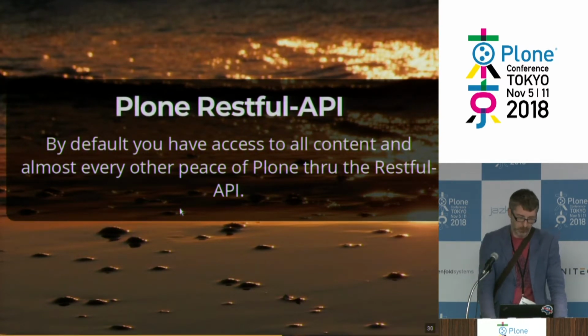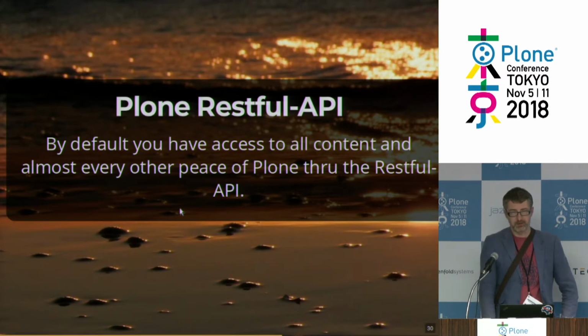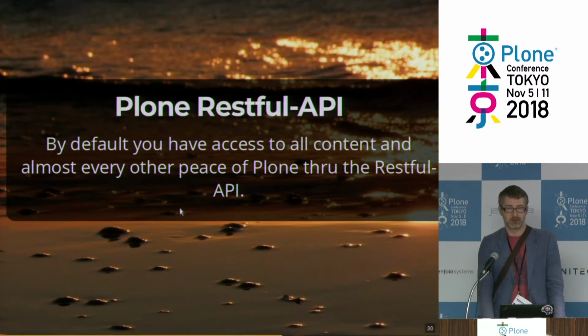Some examples for the Plone REST API. The good thing is the Plone REST API in its current state is pretty much ready to do everything you want. There are not many situations where you say, okay, I cannot do this with the REST API. There are just a few places. You have access to all the content.